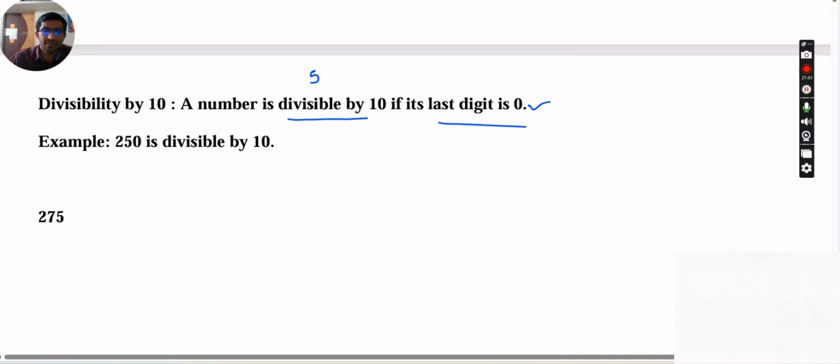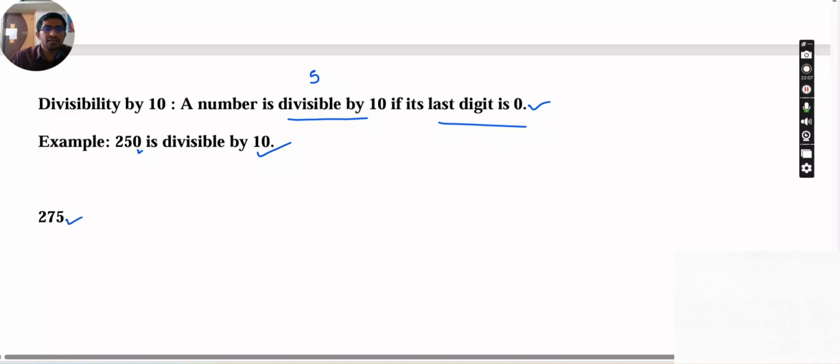It is a very easy test. We don't have to do any addition, subtraction, or doubling of the last digit. We don't need to check the number formed by the last two digits. We only have to check the last digit. If the last digit is 0, then the total number is divisible by 10.